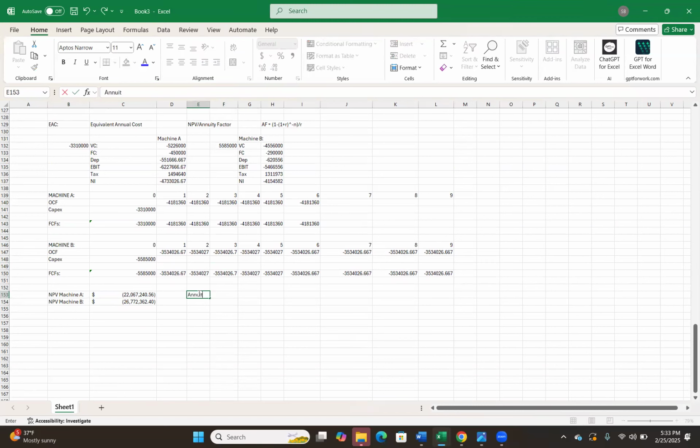Now we just need to calculate the annuity factor for machine A and the annuity factor for machine B. Okay, so the annuity factor formula is 1 minus 1 plus 0.09, to the power of negative number of years, which is 9. Awesome.